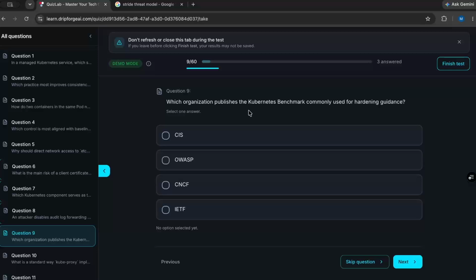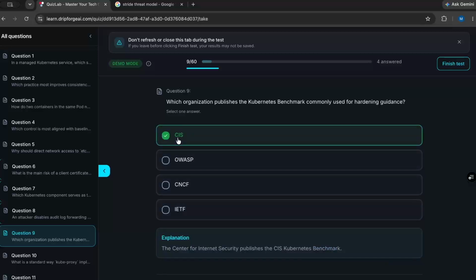So the organization that publishes benchmarks for hardening cluster guidance is this one, Center for Internet Security. OWASP is for application.